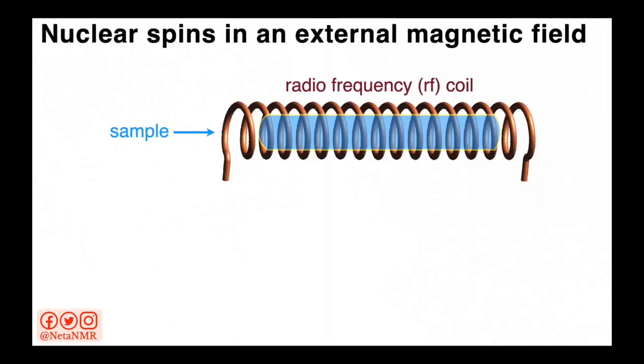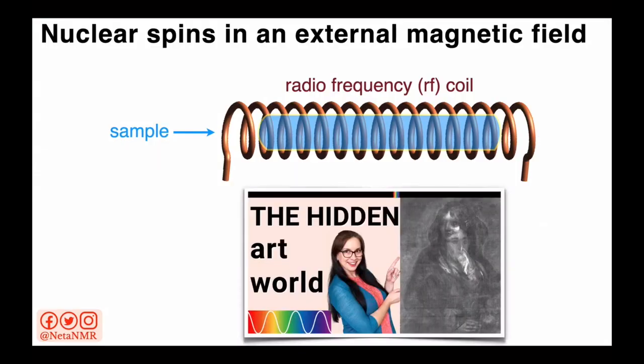Now it's time to remember that when we place the sample in the magnet, it is also inside another smaller coil, which I mentioned before can be used to send radio frequency pulses into the sample. And we've seen in a previous video how the radio portion of the electromagnetic spectrum is the electromagnetic radiation with the lowest energy.